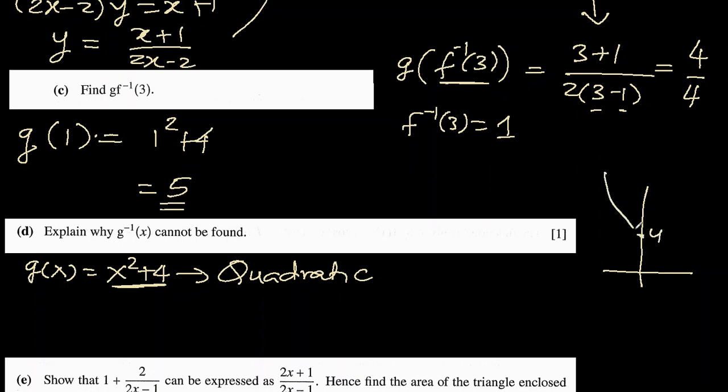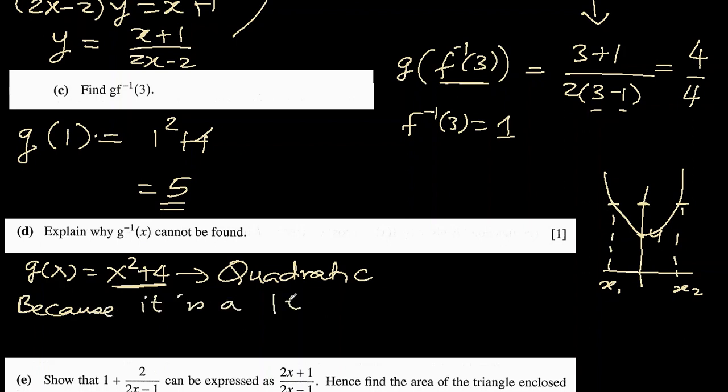This is how the graph of x squared plus 4 will look. And we can see here that at the same level of y, this is the y level, this y belongs to two x's. This is one x value and this is the second x value. Two x's have the same y. So we will say that it cannot be found because it is a 1 to 2 function.